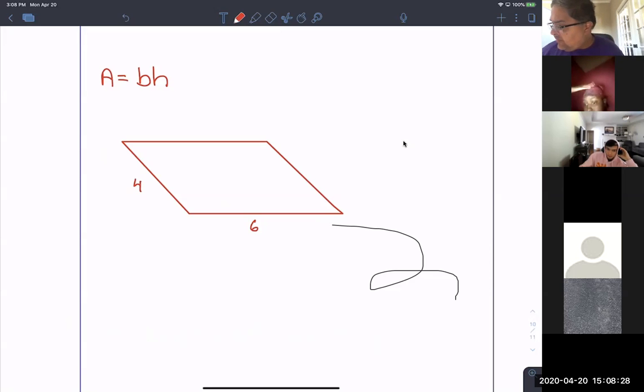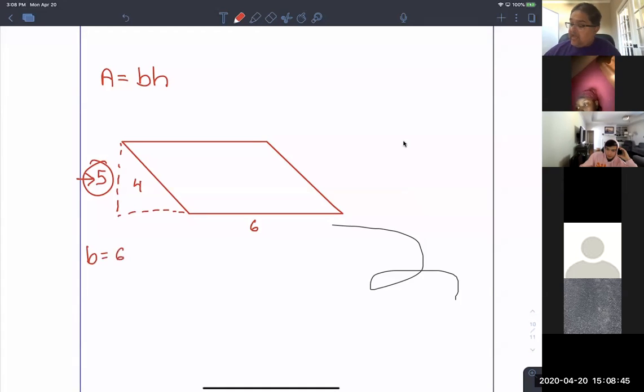So this would be the height, okay? So if you're given a diagram like this, the base would be 6 and the height would be 5, which makes the area 30. Sometimes the height will be given in this diagram, okay?